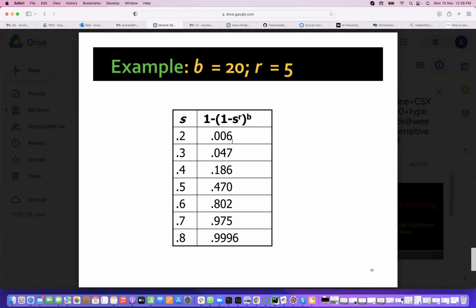In 1,000, 2 will fall into the same bucket. What about the next one? If they are 0.3 similar, how many fall into the same bucket? 47 out of 1,000. Still small numbers. You are reducing huge numbers. Remember, we have seen that for 1 lakh items, 1 lakh square pairs you need to see.